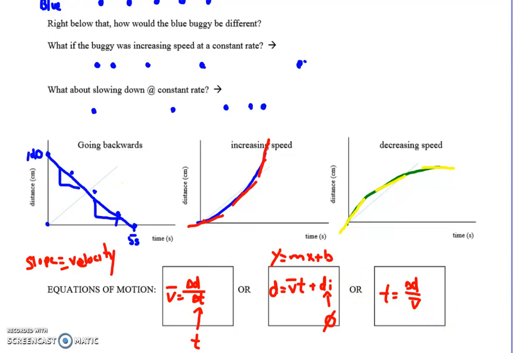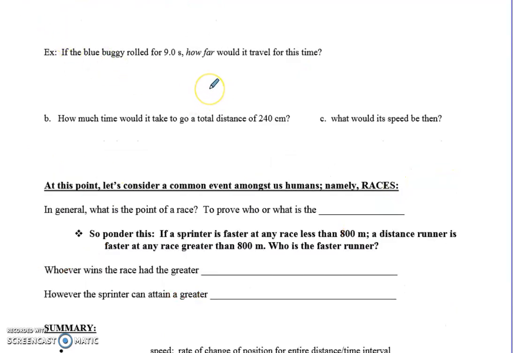All right, so let's look at some pretty basic examples. If we have a blue buggy that's rolling for 9 seconds, how far did it travel? So we know the time is equal to 9 seconds, and we know the blue buggy's speed was 20 centimeters per second. Now your numbers might be slightly different from your lab, but let's assume it's 20 from the graph above. So how far it would travel is a distance, and so that distance is that speed times time.